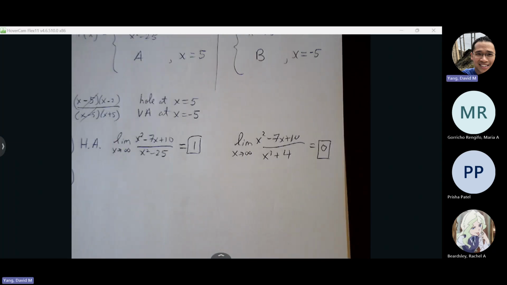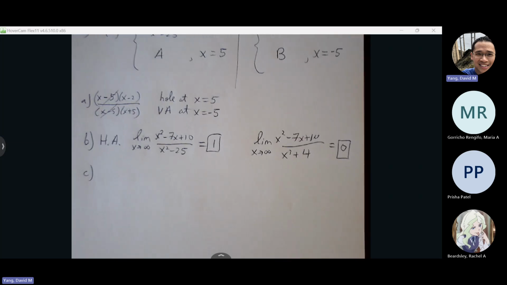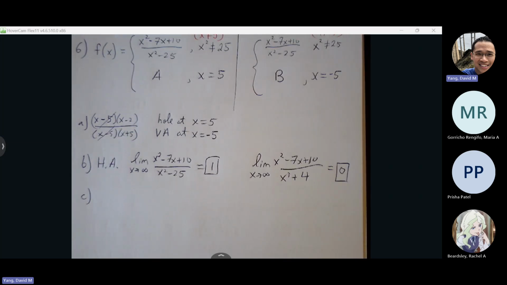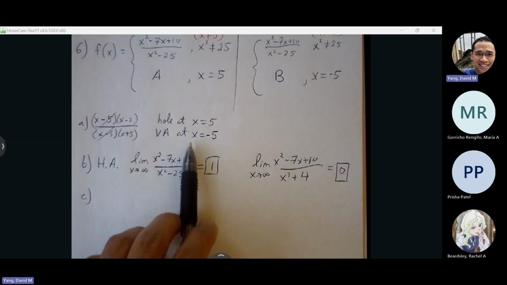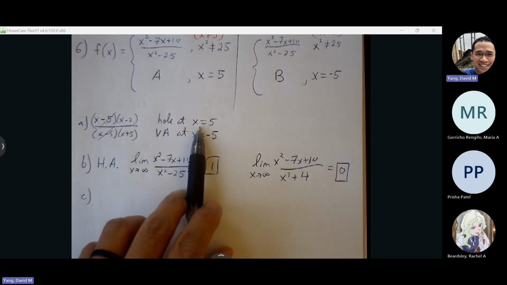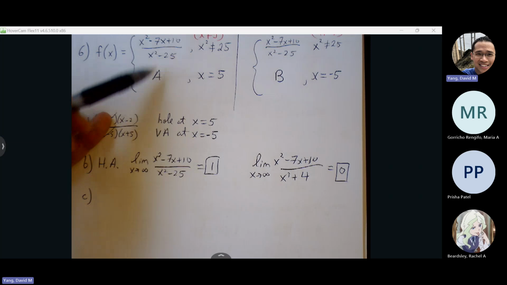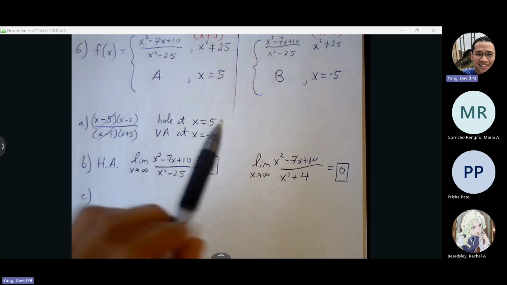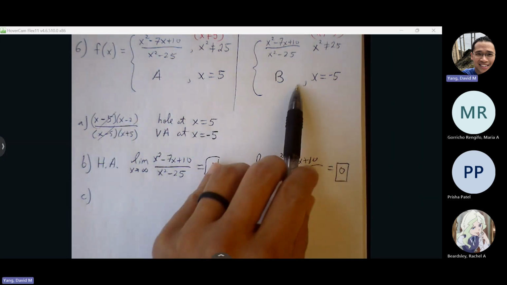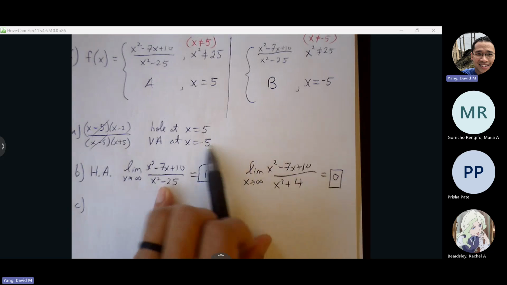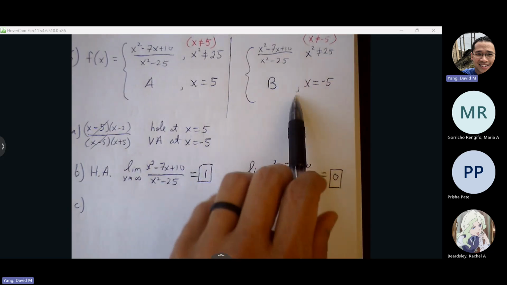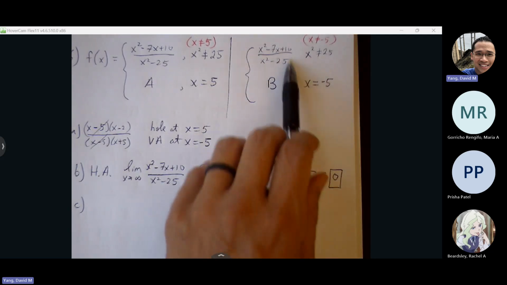So part C, is there a value of A that makes the function continuous at x equals 5? Now we know that there is a hole at 5, so yes, we should be able to solve for A and allow it to work. But at -5, that's an issue, right? We already know there's a vertical asymptote. If there's a vertical asymptote, it is not a removable discontinuity.